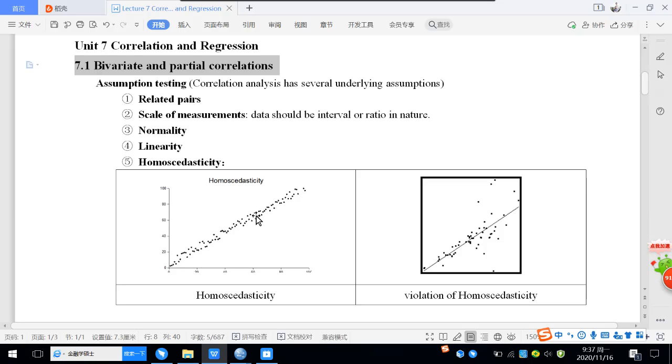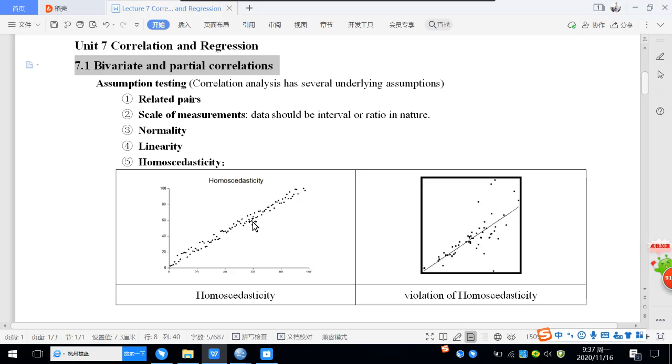Each dot here, for the x-axis and the y-axis, if this is height and this is weight, then each sample is measured from one person. Then we call it paired. The data is a paired sample.